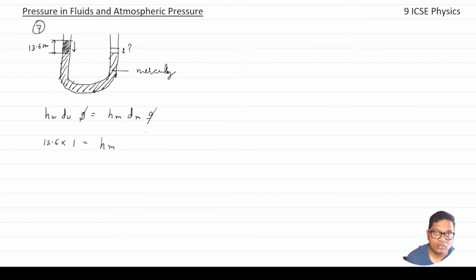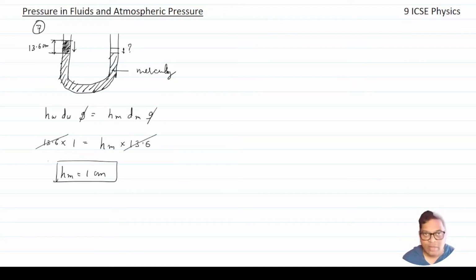The height of the mercury column we need to find, and its density is 13.6. So this cancels out, and the height of mercury is 1 centimeter. That means to balance the pressure exerted by 13.6 centimeters of water, the rise in the mercury column will be just 1 centimeter. That needs to be written as the answer.